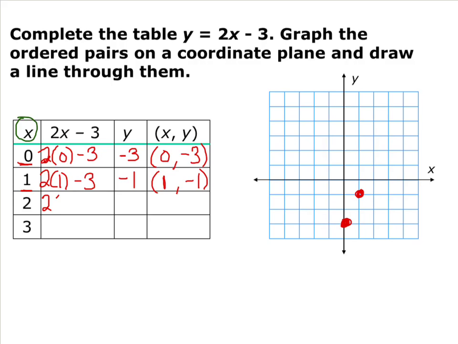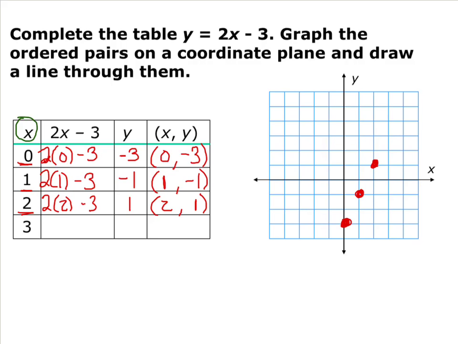My next one, I'm going to have 2 times 2 minus 3. Well, 2 times 2 is 4, minus 3 is positive 1. And again, my x value, it gives that to me over here, so that's 2, comma, 1. Alright, so I have to go over 2, up 1.